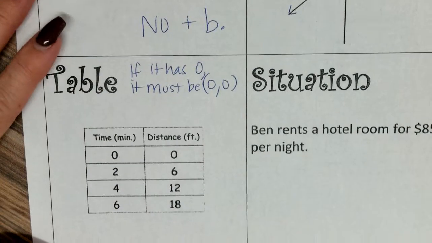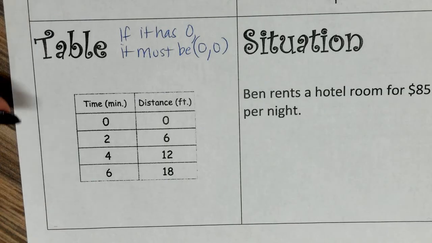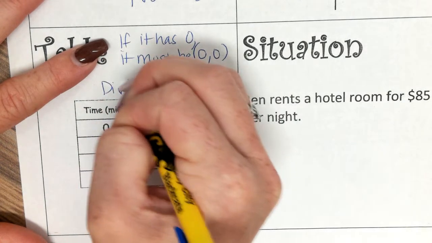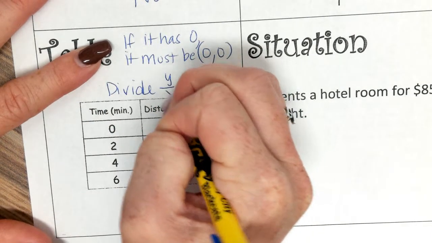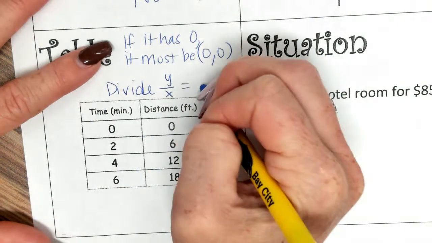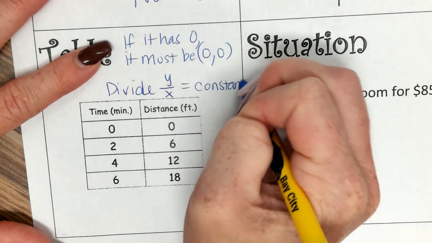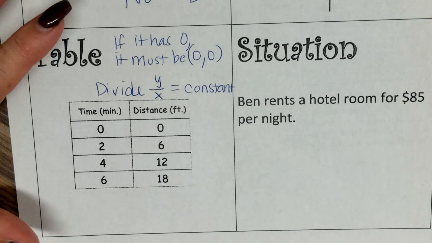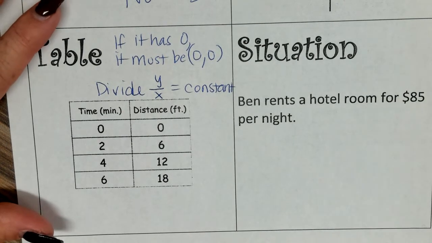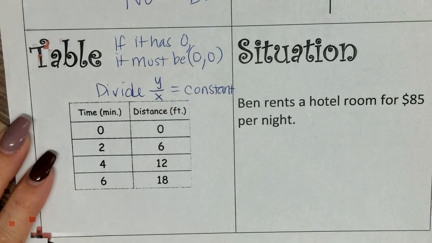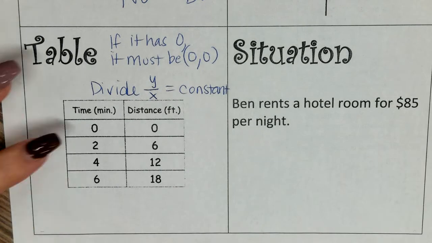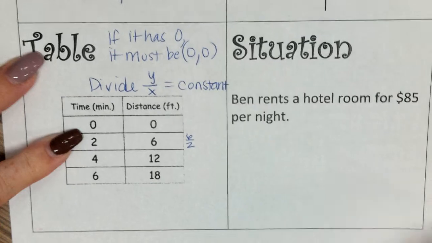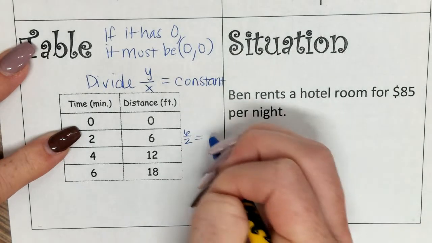The other way to tell if it's proportional is to simply divide. Write this down: y divided by x, and you must get a constant number every time. I'm going to show you what that looks like. What is 6 divided by 2? 3.